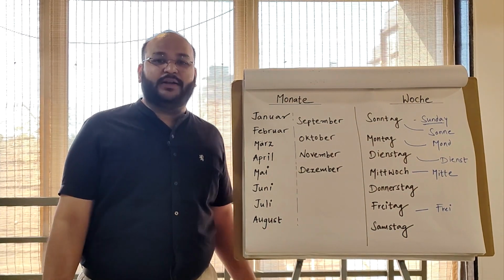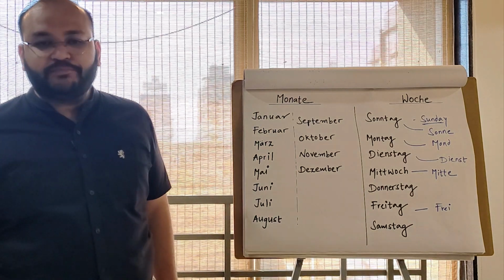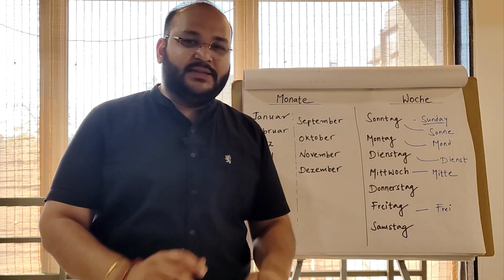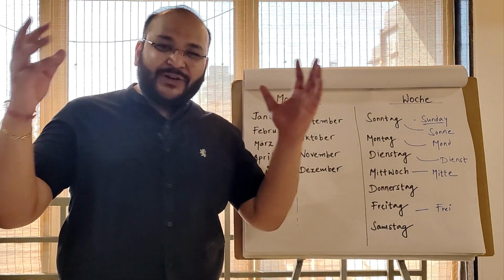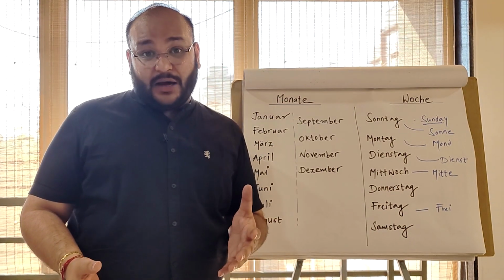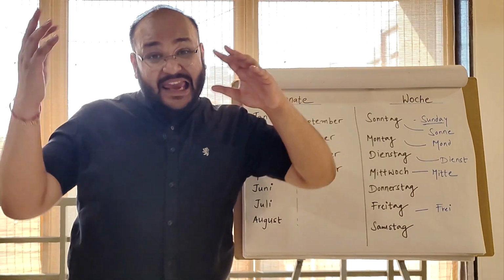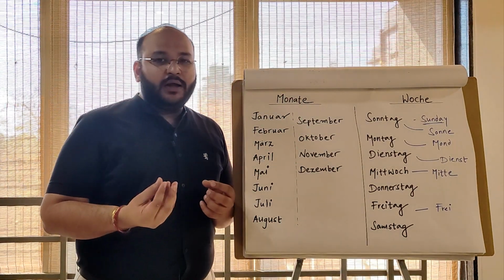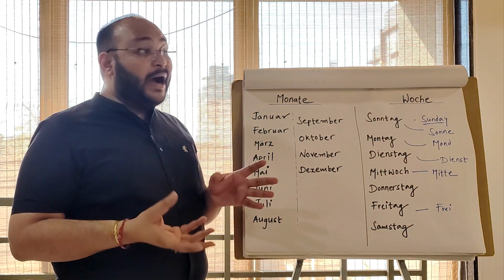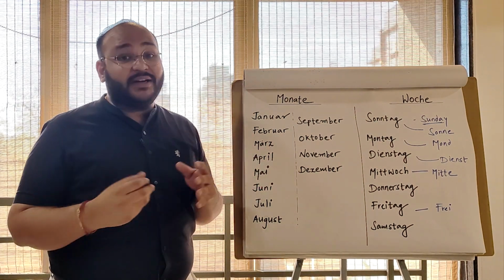But that's pretty boring, right? So let's make it a bit more interesting. Although this is not actually how the names came about, I have tried to make my own little logic for why Sunday is called Sunday.